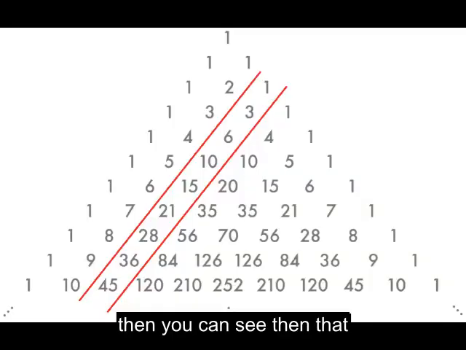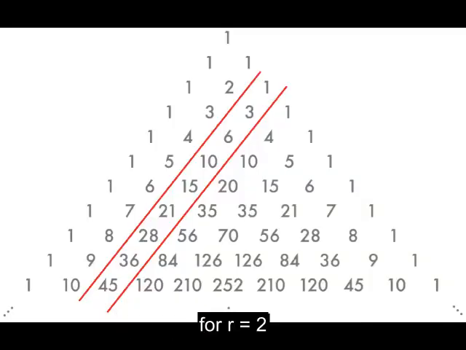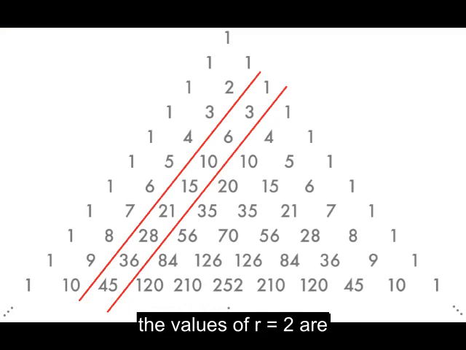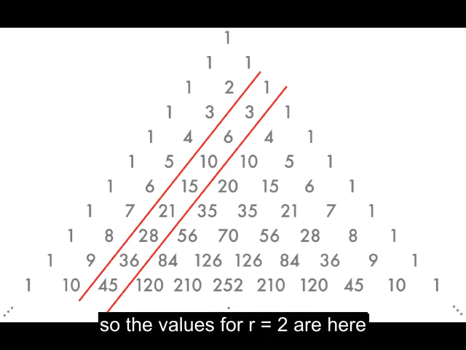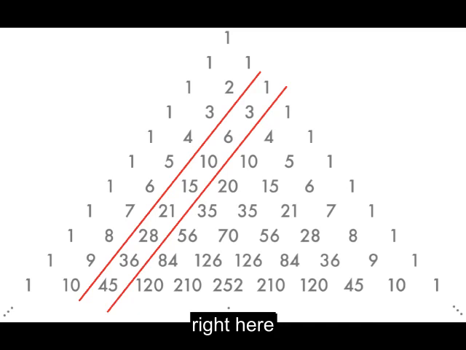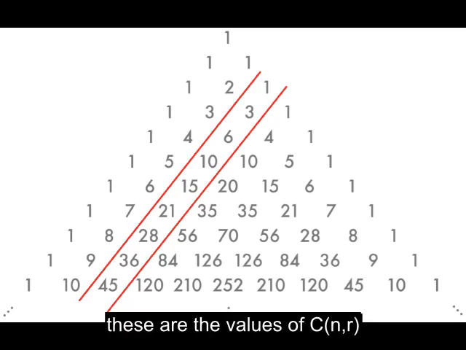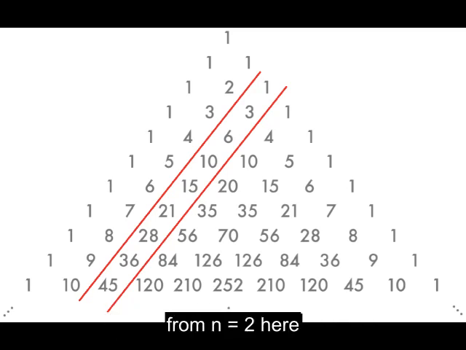You can see that the values for r equals 2 are right here, right? Because you start with 0, 1, 2. These are the values of nCr from n equals 2 to n equals 10.